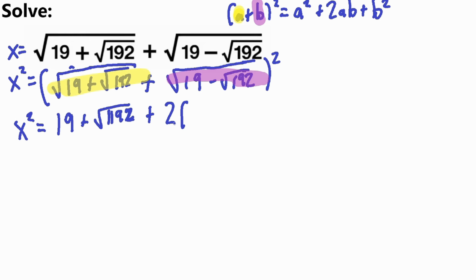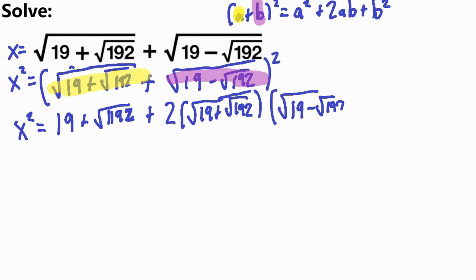So our a is this, and our b is this one. And then plus b squared. So our b is square root of 19 minus square root of 192.